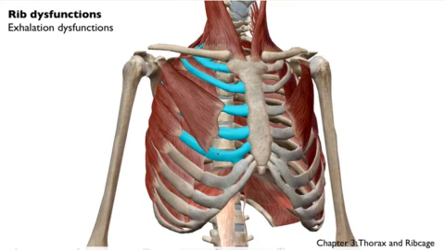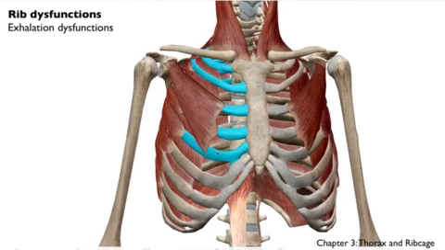The ribs are going to be depressed anteriorly. The anterior part of the ribs are going to move caudad on expiration, and they're going to be restricted in inspiration.